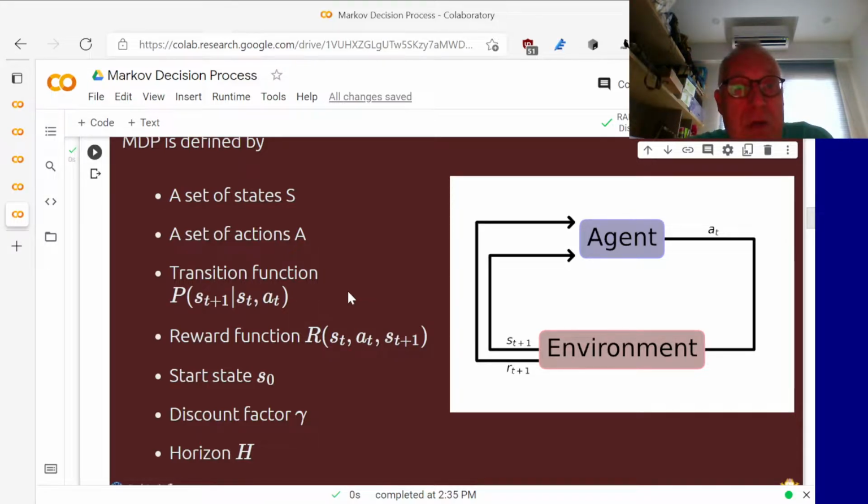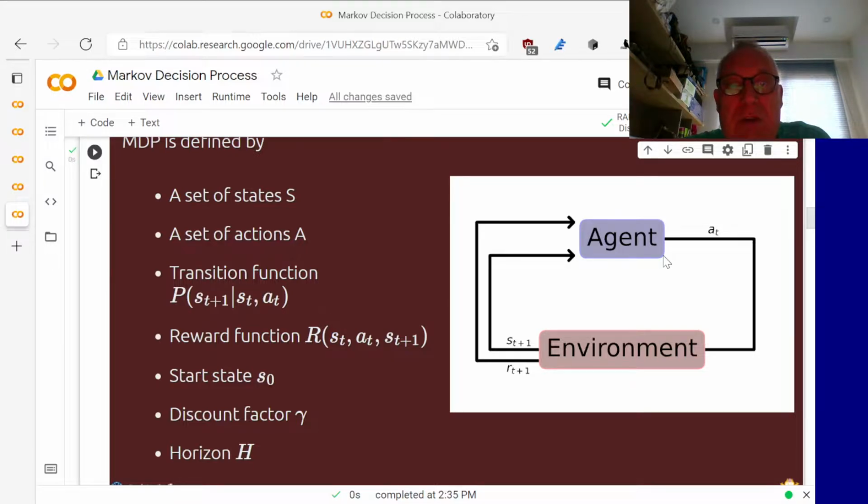We also have a reward function that says if you're in state S_t and you execute action A_t and you end up in state S_t+1, this is the reward that you get from the environment. We have a start state S0, discount factor gamma, and horizon. I'll talk about the discount factor or horizon later on, but on the right hand side here, that graphic is sort of the basic framework for Markov decision processes.